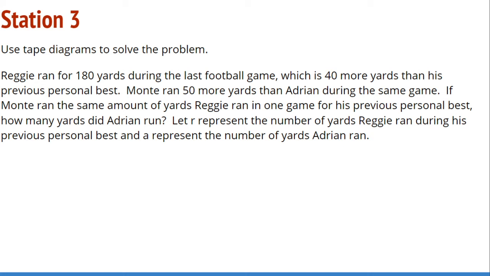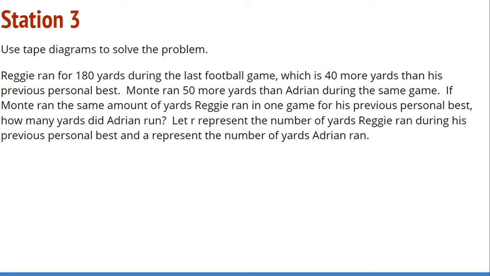So Reggie ran for 180 yards during the last football game, which is 40 more than his previous personal best. Monty ran 50 more yards than Adrian during the same game. If Monty ran the same amount of yards Reggie ran in one game for his previous personal best, how many yards did Adrian run? So I've got 3 things going on here.